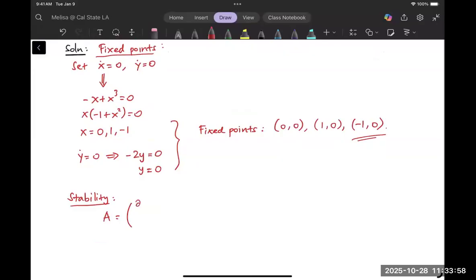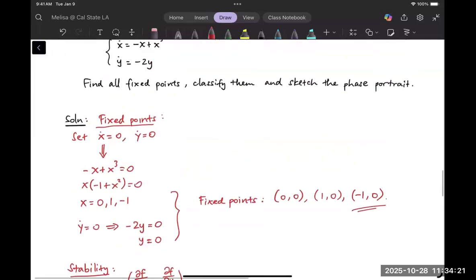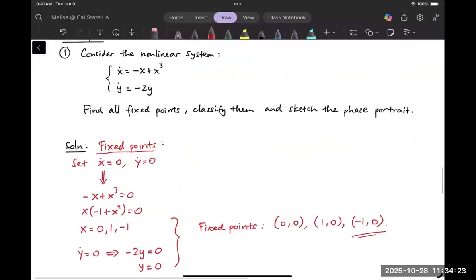The first row will be the partial derivative of f with respect to x, and partial of f with respect to y. And then the second row, partial of g with respect to x, and partial of g with respect to y. So that's a 2 by 2 matrix. What are f and g? f and g are just the right-hand side of your ODE. So this is f here, and that is g.